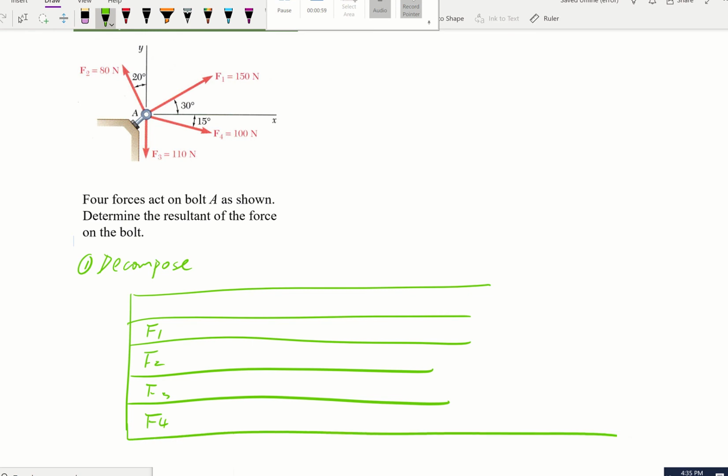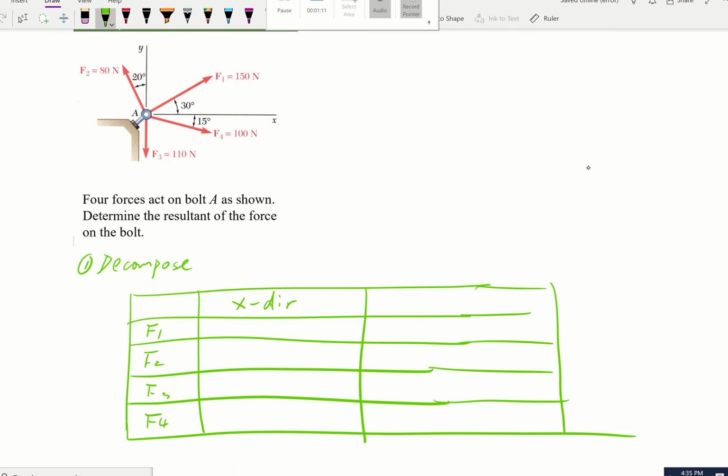We're going to decompose them to x component and also y component. Hopefully this table will help organize our numbers here.